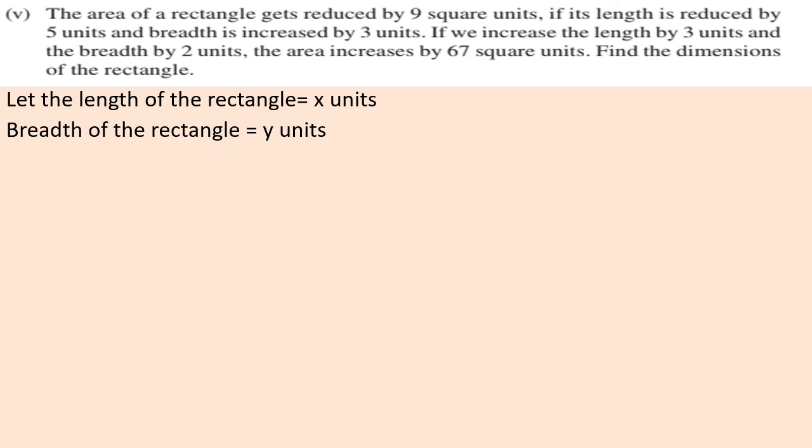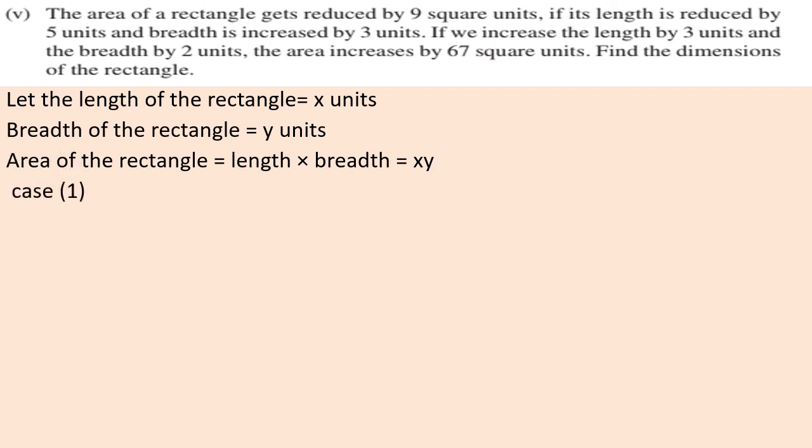It is given in the first case, the area of the rectangle gets reduced by 9 square units. Area of the rectangle means length multiplied by breadth. According to our question, length is x and breadth is y. Therefore, area of the rectangle is xy.